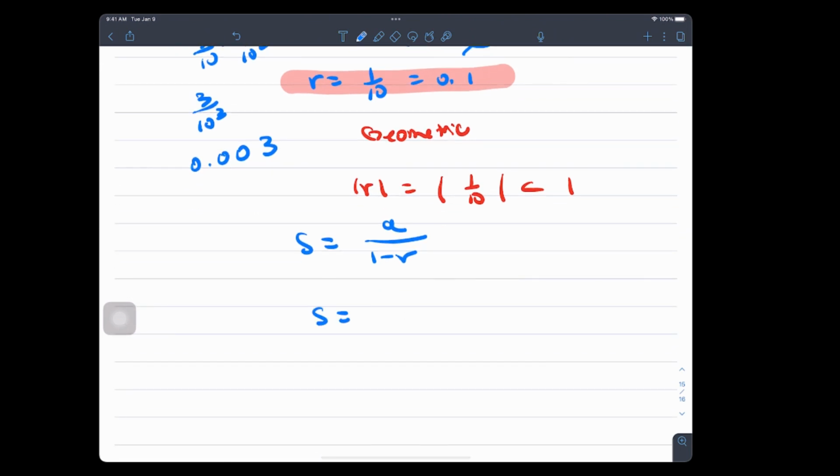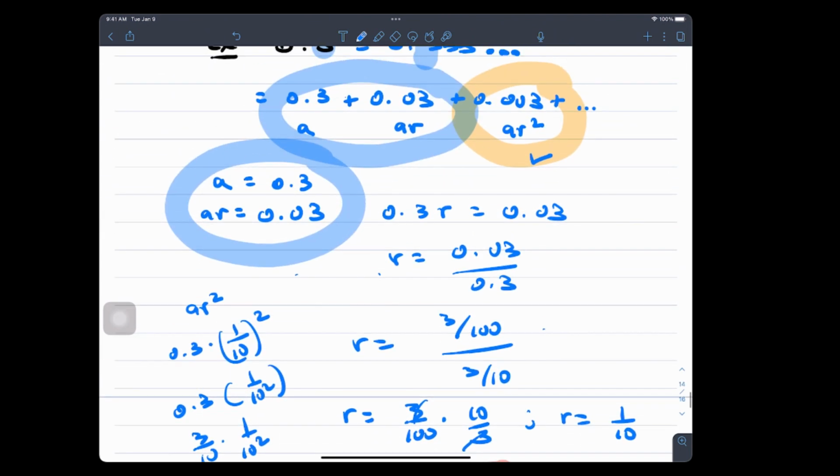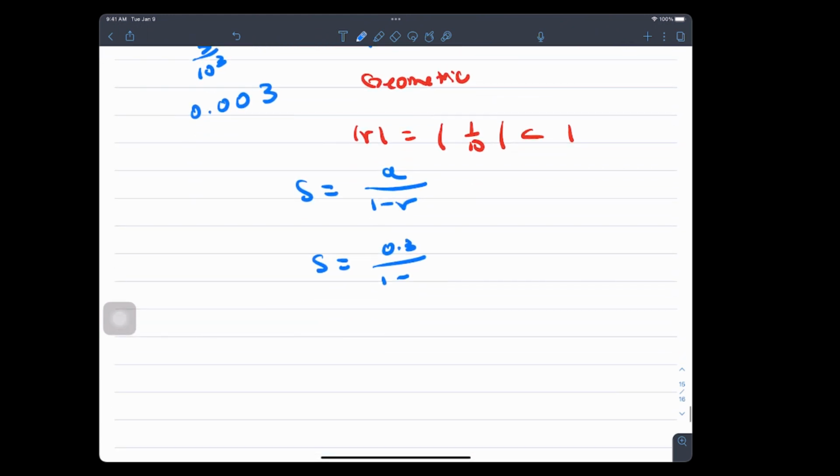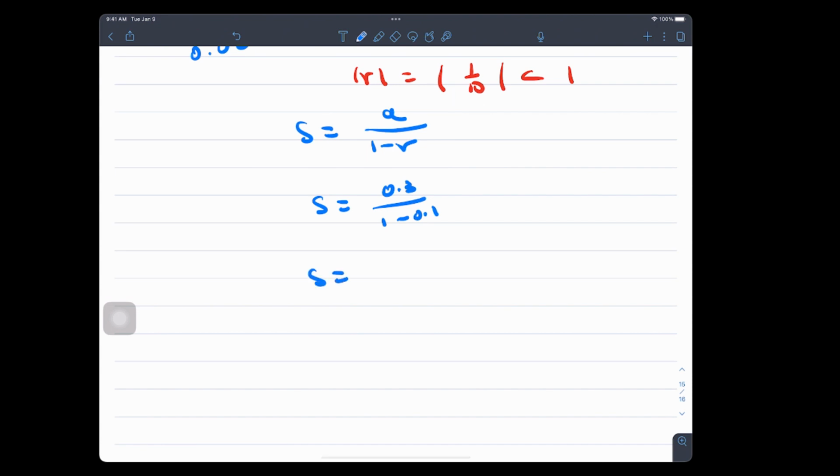Do you guys happen to know what A is? What's A? 0.3? And what's R? 1/10? Okay, let's see what this is. So this is 3/10 over 1 minus 1/10.